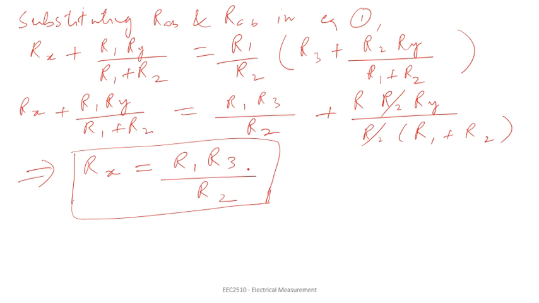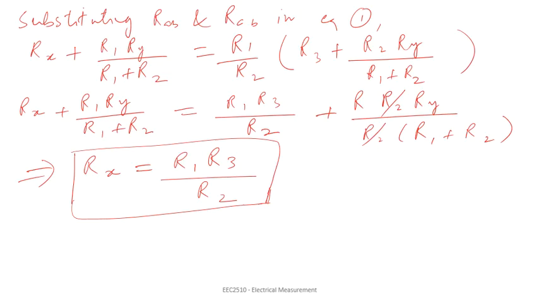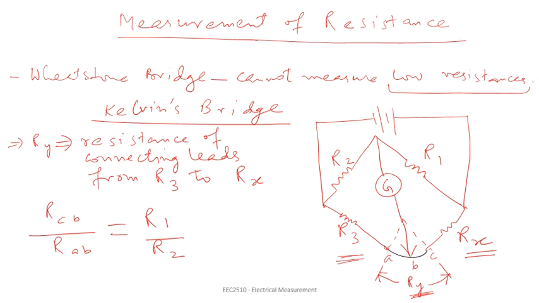Okay, so the effect of the resistance of the connecting leads has been eliminated by connecting the galvanometer to an intermediate position B. This forms the basis of the construction of the Kelvin's double bridge. This was not the actual circuit arrangement.